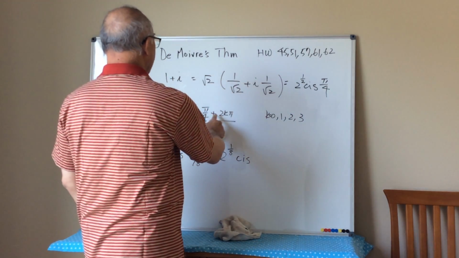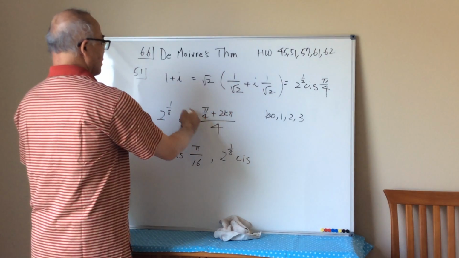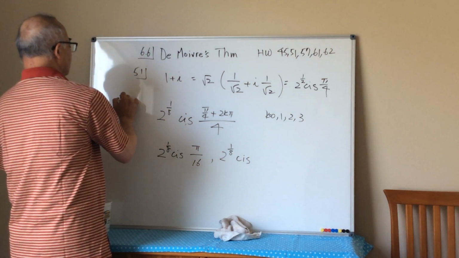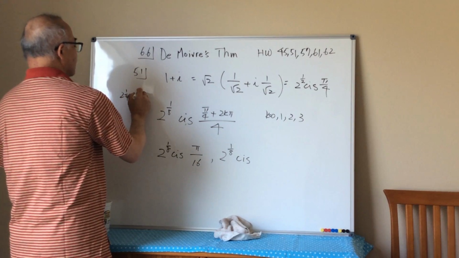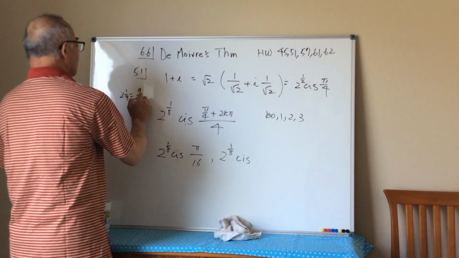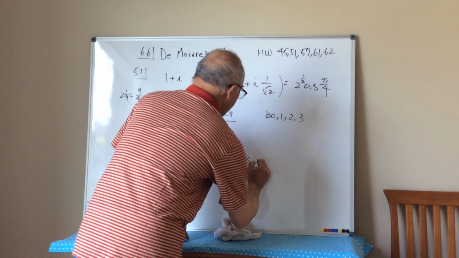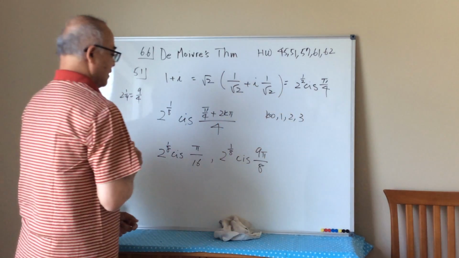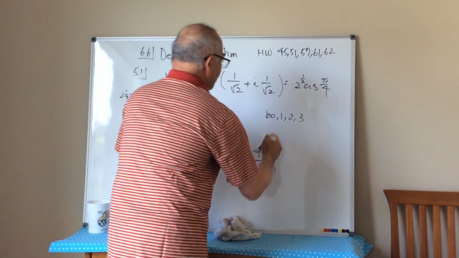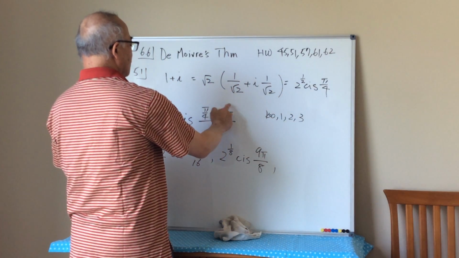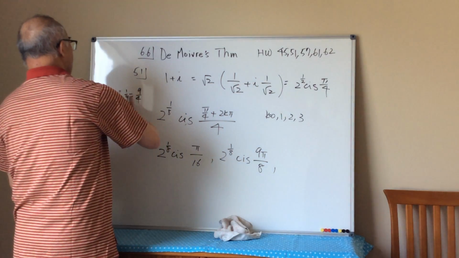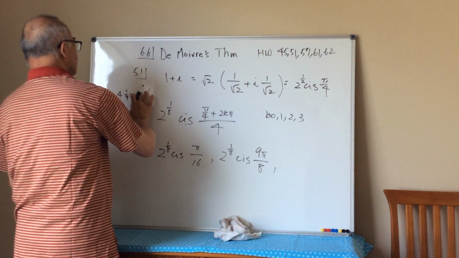I get 2 pi here, so I get a quarter plus 2 pi, which is 9 pi over 4, and we divide that by 4, so it's going to be 9 pi over 16. Then when k is equal to 2, I'm going to get 4 here. So it's going to be 4 and a quarter. So it's going to be what?